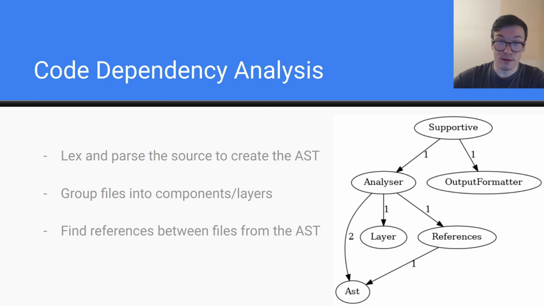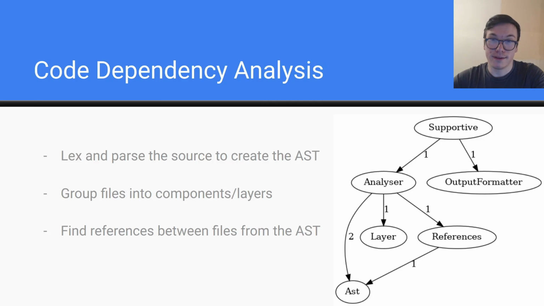And for another example, if I have made a change in my layer component, there are some knock-on changes, right, that I need to test. So I need to test the layer component. I need to run all my contract unit tests for the layer. But then it would behoove me to also test my analyzer and supportive components, right?